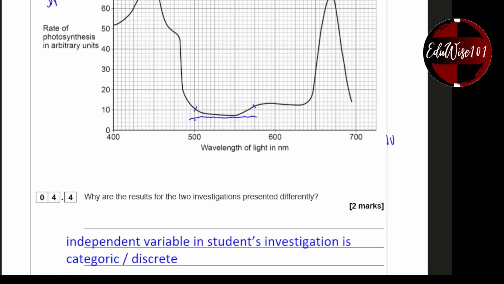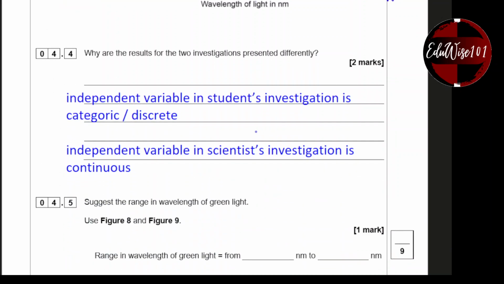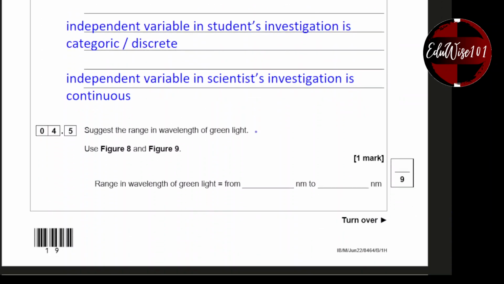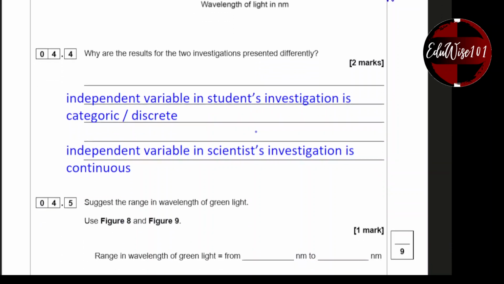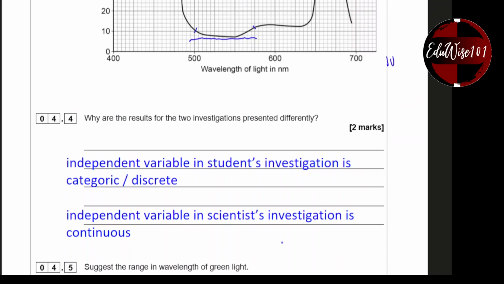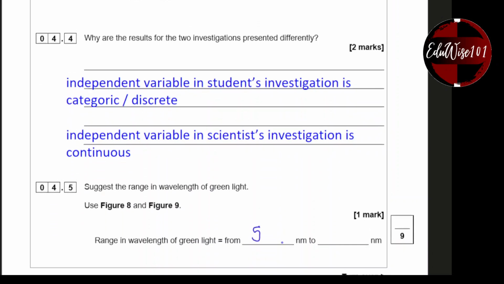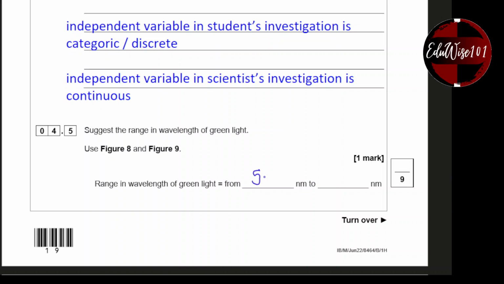Between these two wavelengths, it could be green, or it could actually be starting off from here. So I would say from 500 to 575.